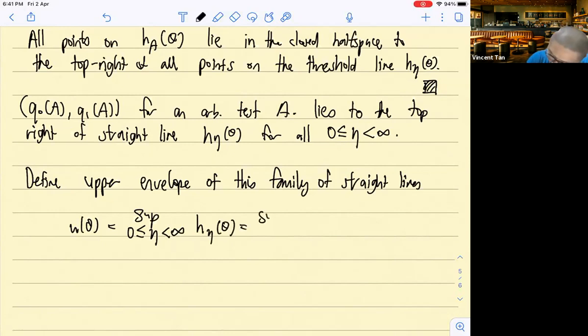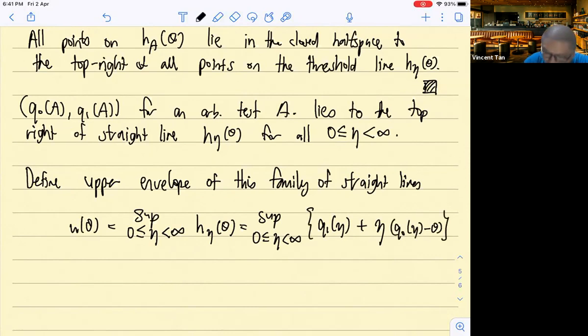Okay, so this is given by the supremum over 0 less than or equal to eta less than infinity of q1 of eta plus eta q0 of eta minus theta. So that's nothing but the definition of h eta theta.